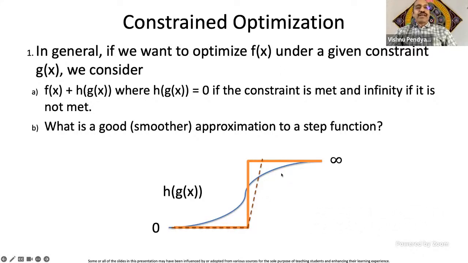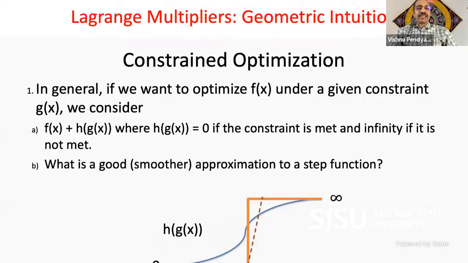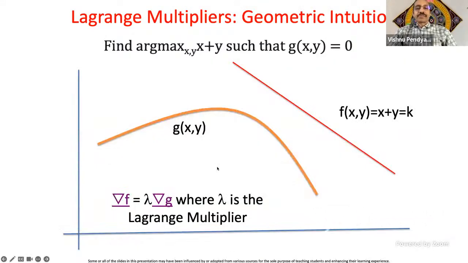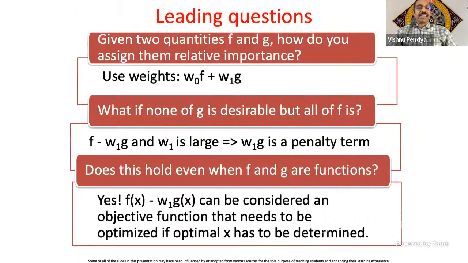So why not approximate h of g of x with a linear model? So h of g of x is basically a constant times g of x, right? In this sense also, we can represent the objective function. So remember the objective function, rather here in the previous slide.